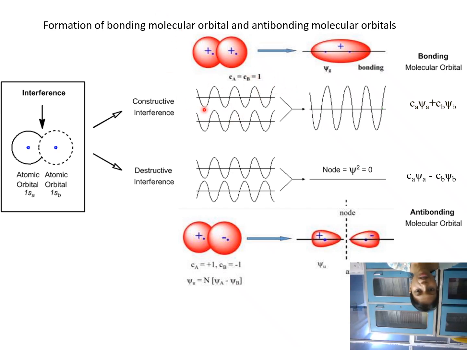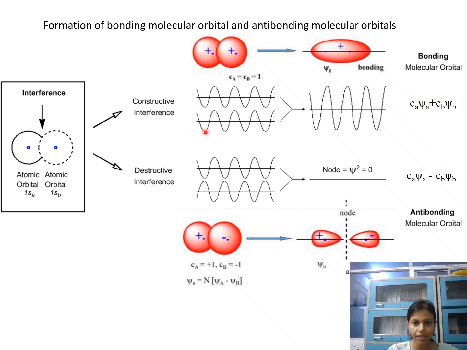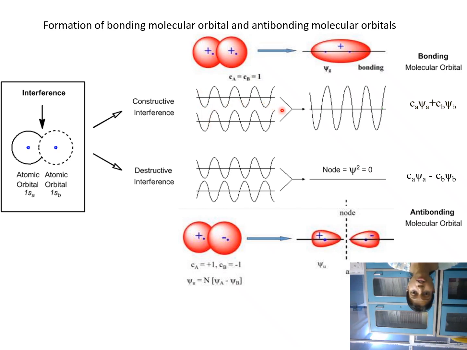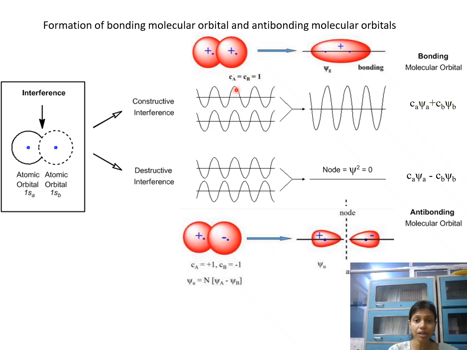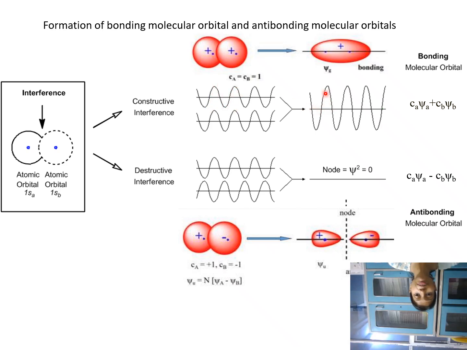So when the wave function of one atom and the wave function of another atom are in the same phase, this picture shows us in the same phase. You see, these are exactly the same, they will overlap in exactly the same way, right? If we overlap one orbital with another one, this matches, and their amplitude will increase, because their phase is matching.